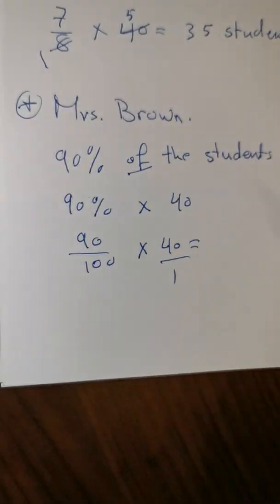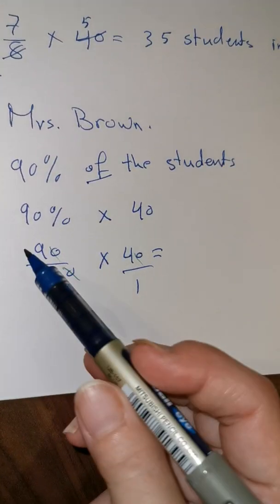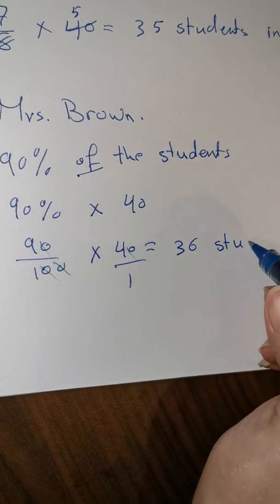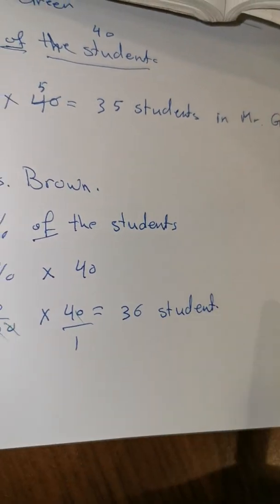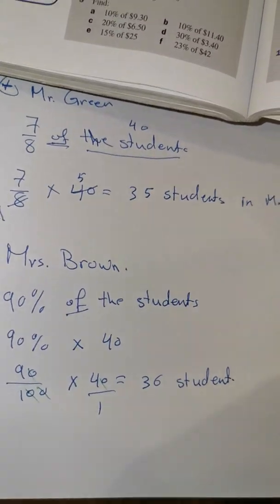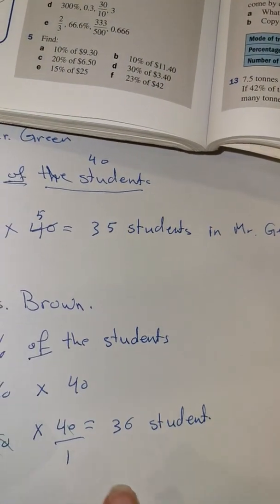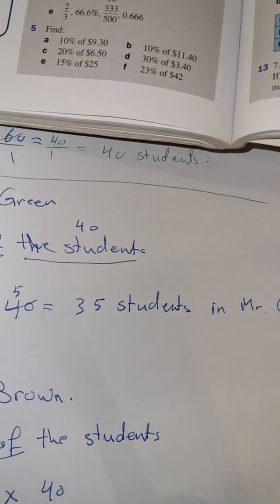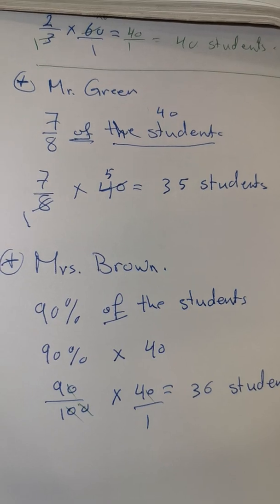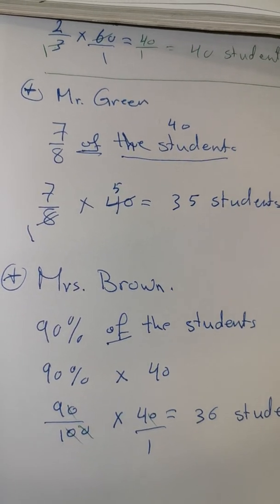You can remove zeros and the answer will be 9 times 4 is 36 student. By the way, هاي الطريقة غير عن الطريقة المحلولة بالكتاب. Okay. So for Mrs. Brown, we have 36 students, and Mr. Green, we have 35 students. So the number of the student with Mrs. Brown is more than the number of the student with Mr. Green.